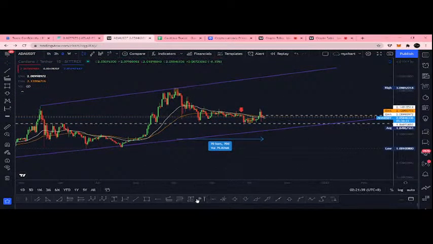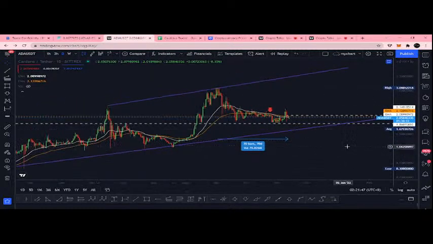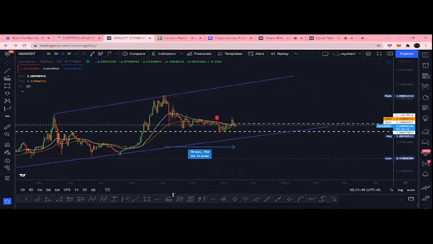I think as long as it will trade and confirm a golden cross, it will create a new all-time high. So yeah, I'm actually patiently waiting for it.